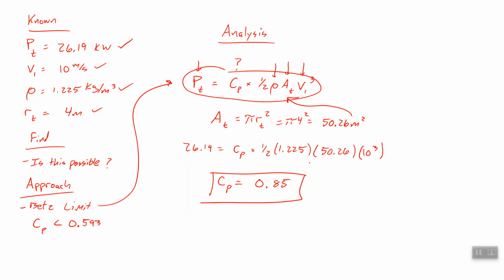Now I didn't write out units here, but if you go through and check my work, you'll see that all of the units do agree. Oh no, I lied. Sorry. I totally lied. This right here, and this was a trap, needs to be put into watts, 26,190 watts, because this is then kilograms per meters cubed. This is meters squared.